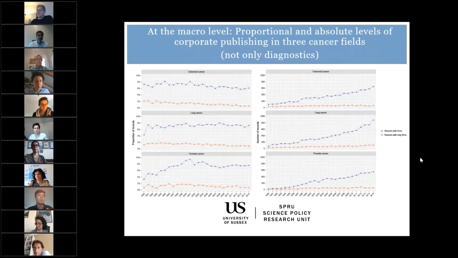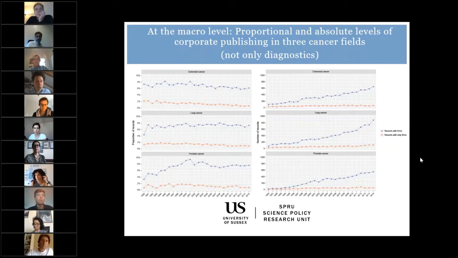If we could have the next slide, please. So what these charts show is, in each of our different cancer areas, in colorectal cancer, lung cancer, and prostate cancer, the trend over time, the engagement of industry, authors working in industry in these different cancer fields. And actually, what you can see on the left is that in terms of proportion, there is not a strong growth in the proportion of papers that have industrial co-authors, except for in the area of prostate cancer.